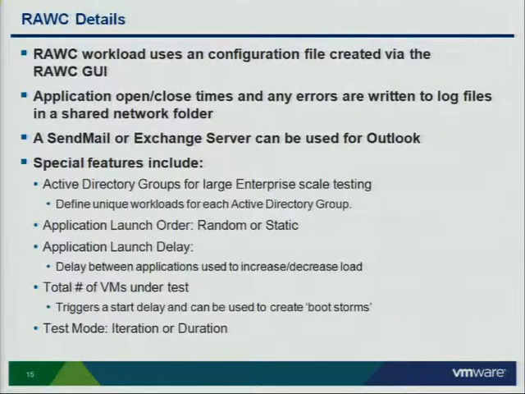So what you can do with RAWC is you can say, for a given Active Directory group, this user runs this. Because what RAWC does, not only does it have a listener on all the desktops, it also queries the group that you belong to. So how many people belong to an Active Directory group? Let's see a show of hands. I can query your Active Directory group and find out what you belong to.